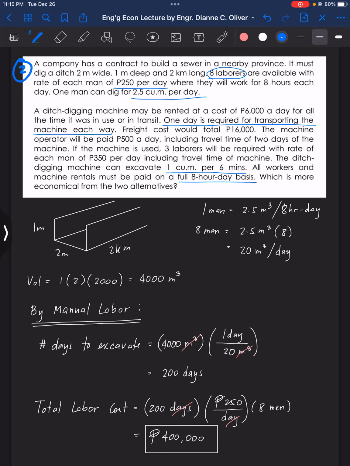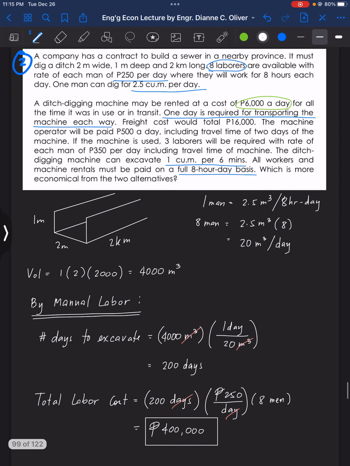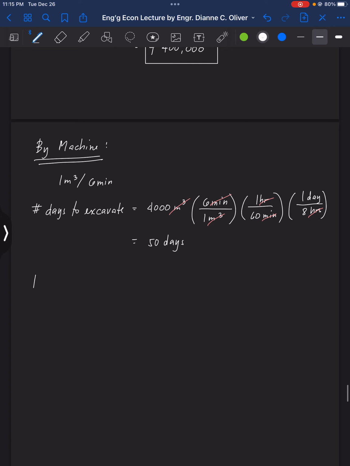So rental cost is 6,000 pesos a day. So rental cost is 50 days plus the 2 days transportation times the rate of 6,000 per day.